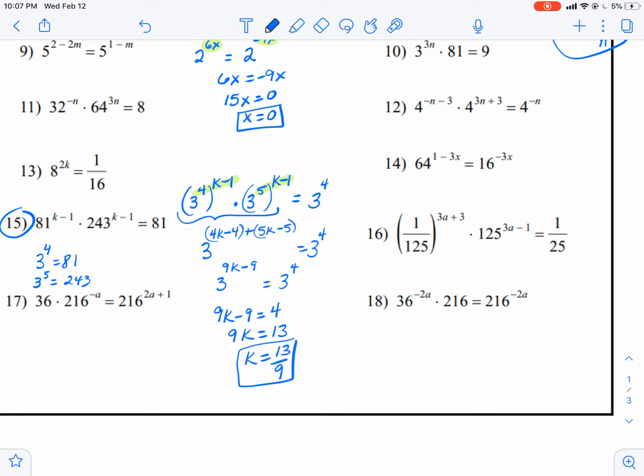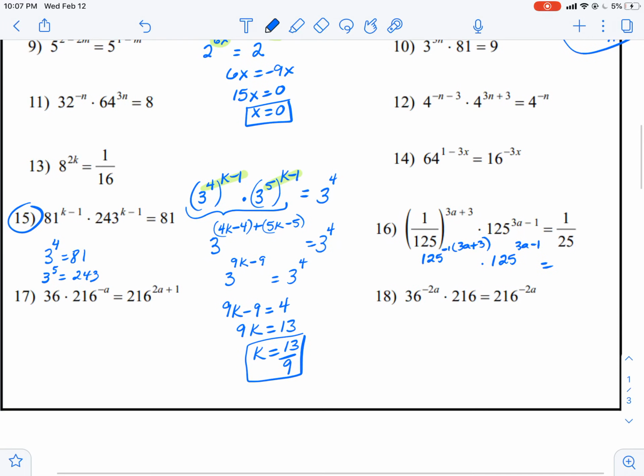So in other words, this would be 125 to the negative 1, times 3a plus 3. So just think of that. And then I'm going to leave this alone. And then I'm going to, again, reciprocal this one. Whoops, I put a 4 there. Reciprocal that one. So it's going to be 25 to the negative 1.